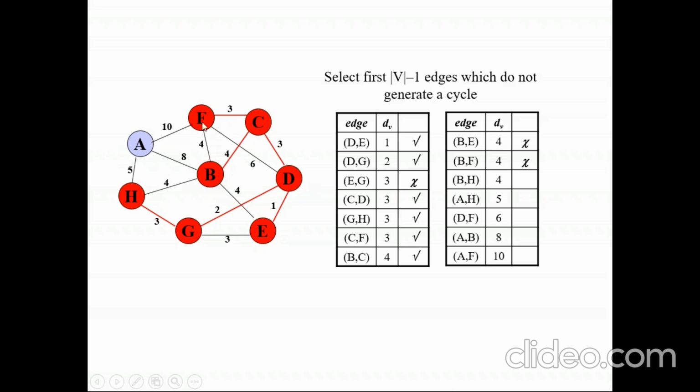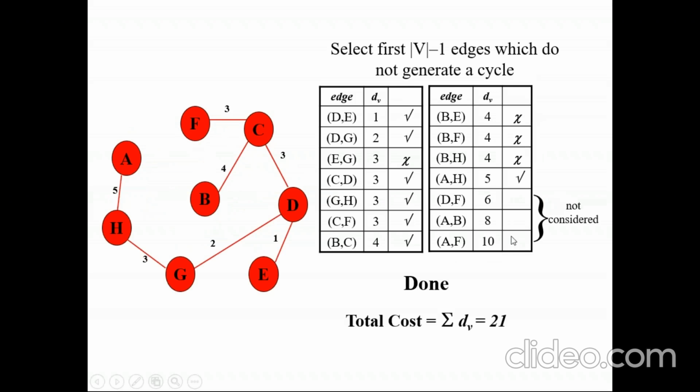BF forms a cycle, so we have skipped that edge. BH forms a cycle. AH, on the other hand, does not form a cycle, so pick up that edge. DF, AB, AF are not considered because we have got our minimum spanning tree as soon as we reach this edge AH.